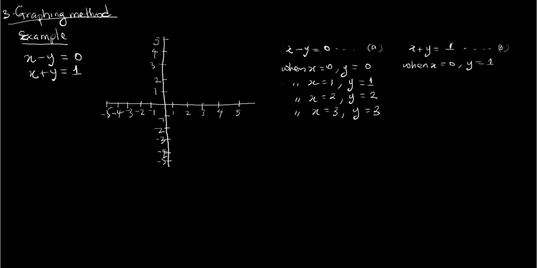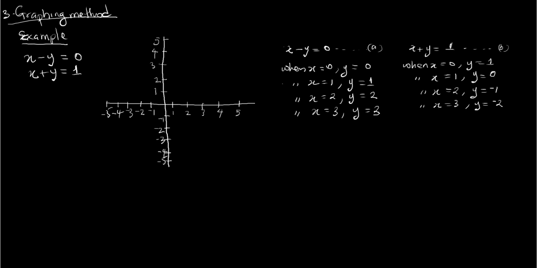And when my x is equal to 1, my y is going to be equal to 0. When my x is equal to 2, my y is going to be equal to minus 1. And when my x is equal to 3, I should be having my y equal to minus 2.